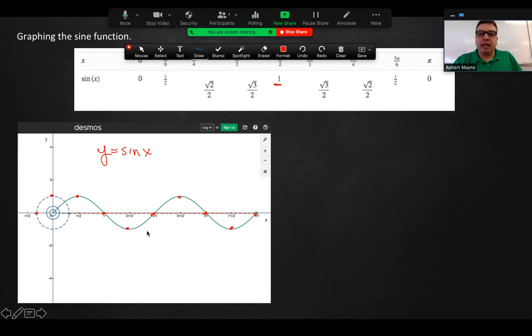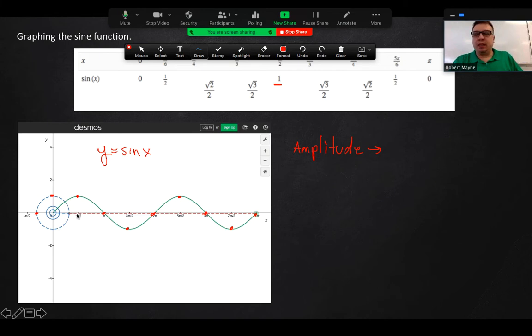Now, some pieces of vocabulary that we need to know. We need to know what the amplitude is. The amplitude is basically the height of the sine function or the cosine function. So it's the height of the sinusoidal curve. That's a basic way of thinking about it.